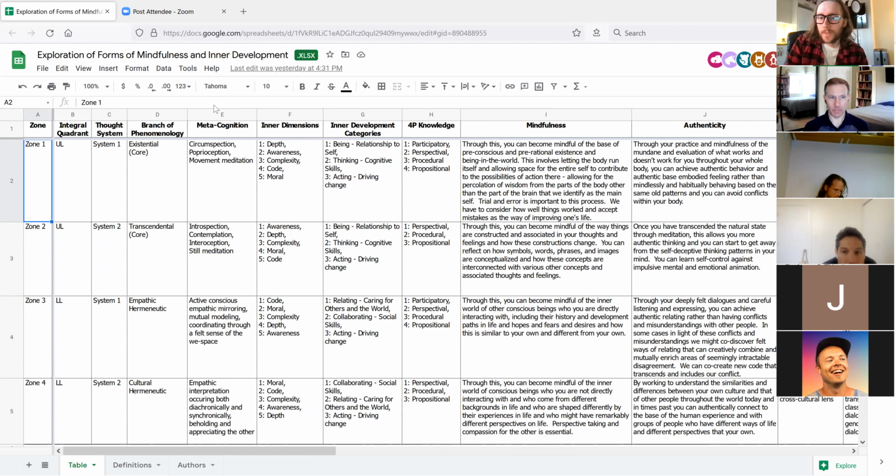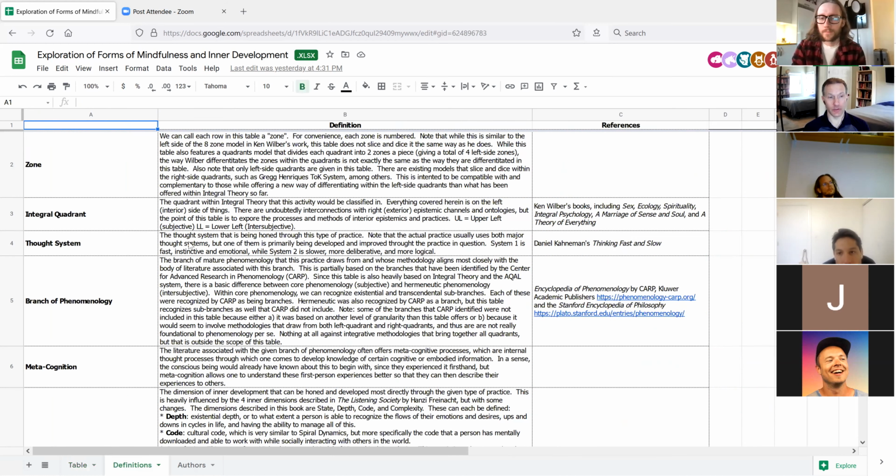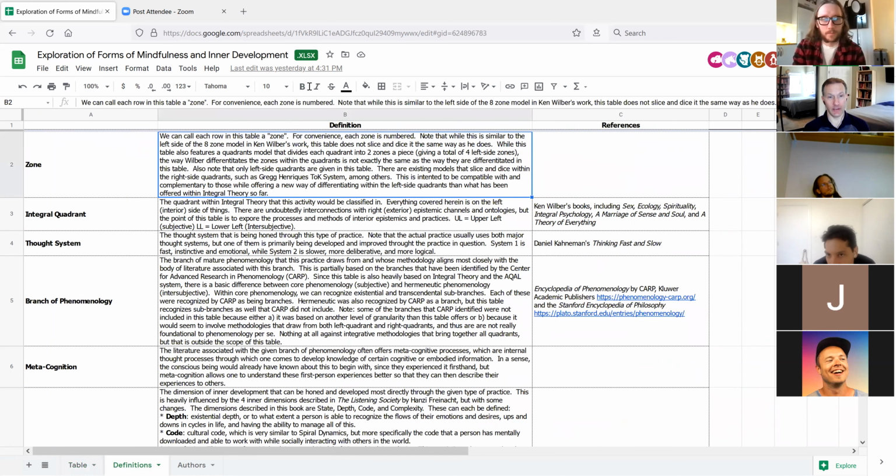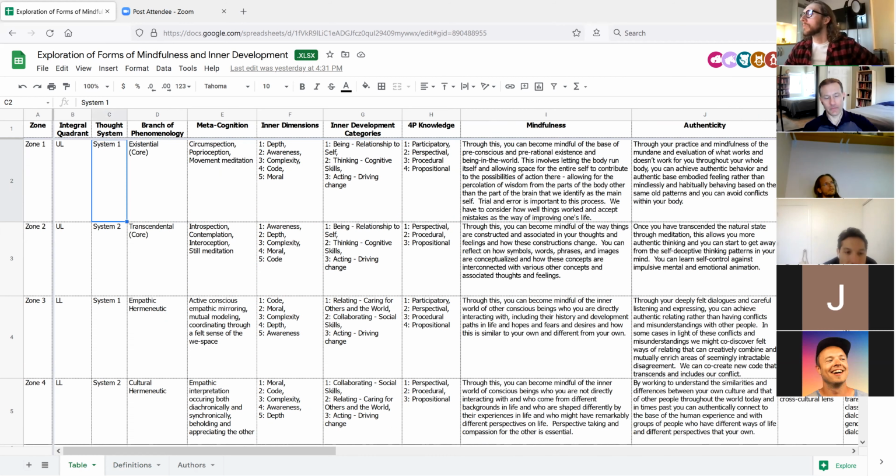I don't know if that makes sense, but again, these are just numbers, just there so that when you're scrolling over, you can look back and say, which row am I on? And if I go to the definitions tab, you can see an explanation of every row, and that at least gives an explanation. It's an attempt to explain that.